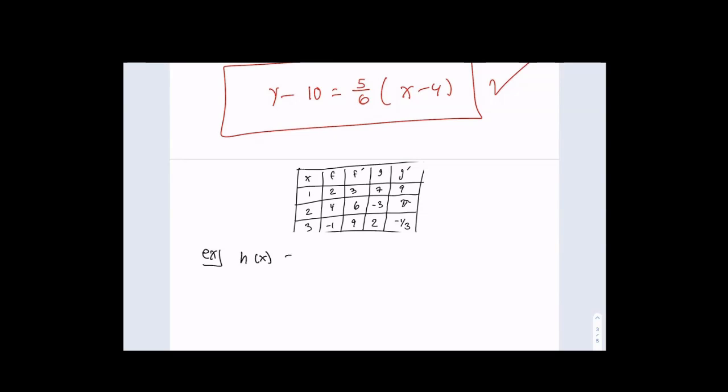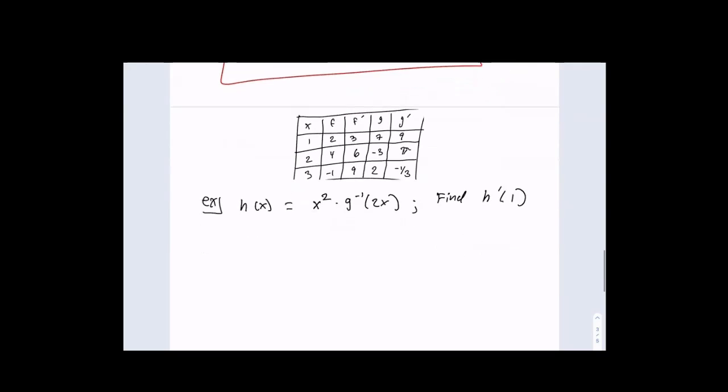So h of x is equal to x squared times the inverse f of 2x. Find h prime of 1. Yeah, that'll work.